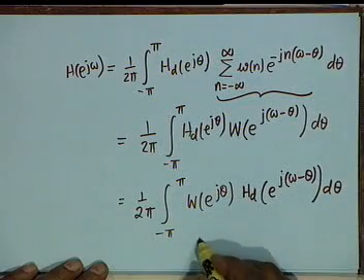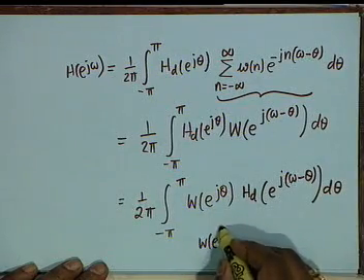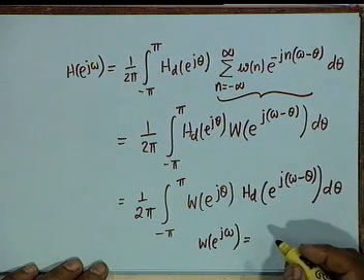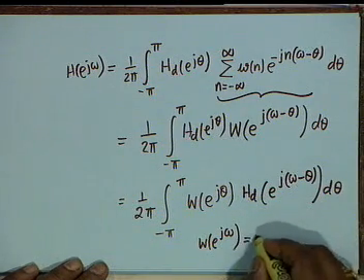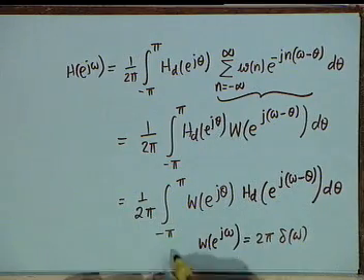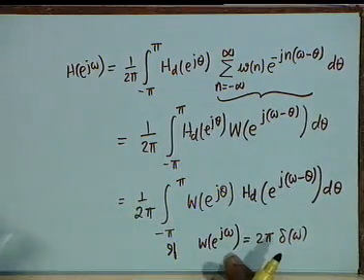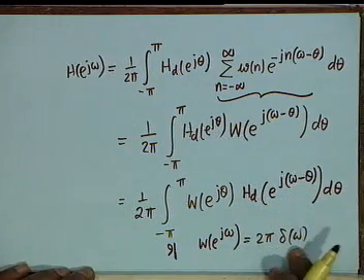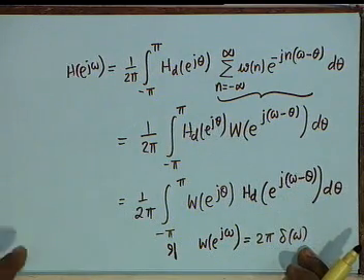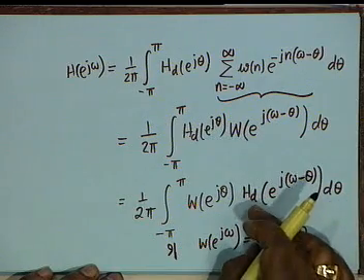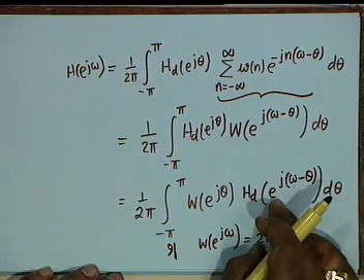Now that is obtained obviously when W(e^(jω)) is equal to 2π times δ(ω). 2π we bring because there is 1 by 2π. Suppose W(e^(jω)), that is the spectrum of the window function, is 2π δ(ω), in other words it exists only at ω equal to 0, then what does this integral become? It becomes simply H_d(e^(jω)), right?